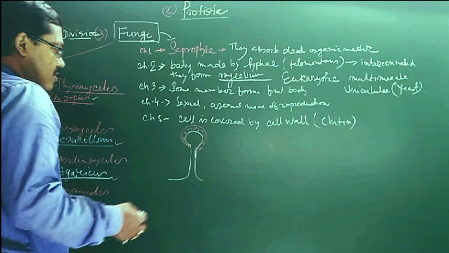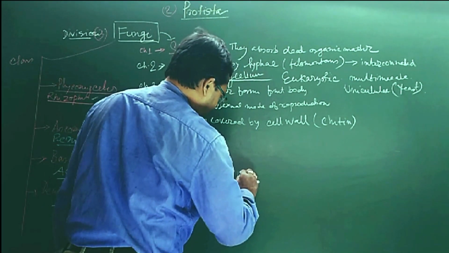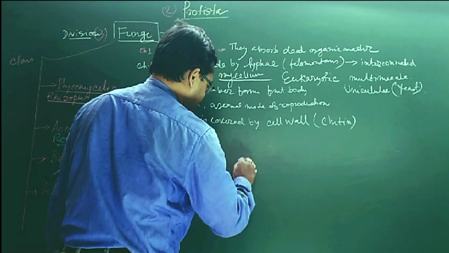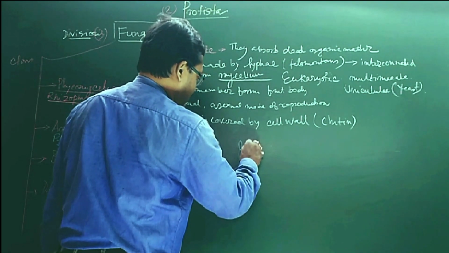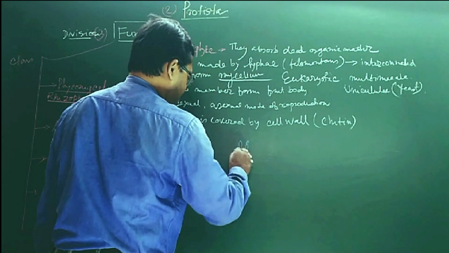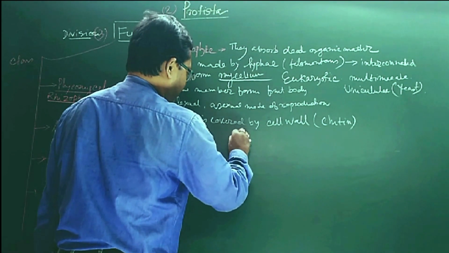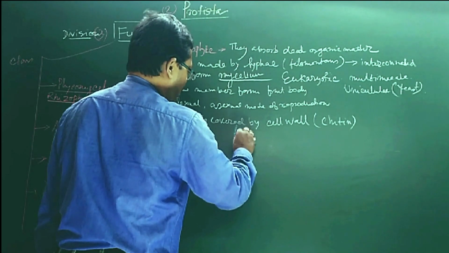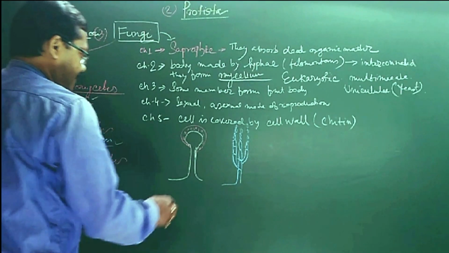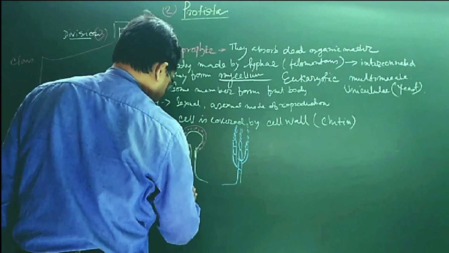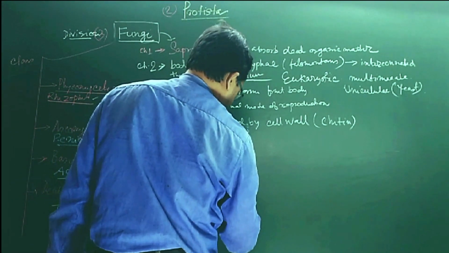Penicillium, when we consider the reproductive part, suppose this is the hypha. Hyphae contain several branch structures, and these branch structures separate, forming this type of spores. This is Penicillium.